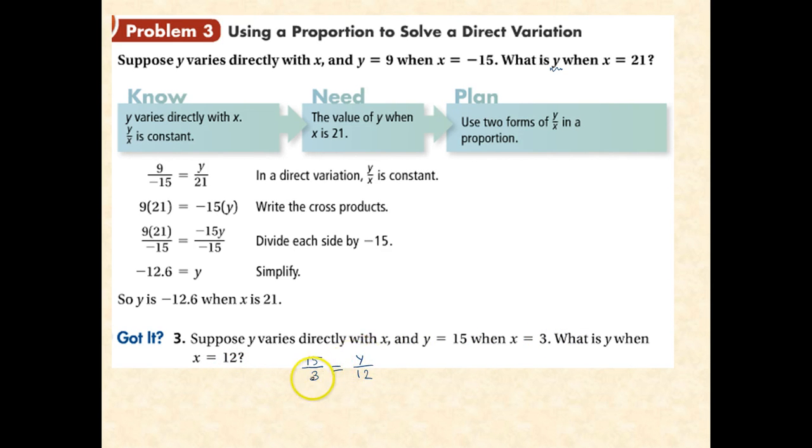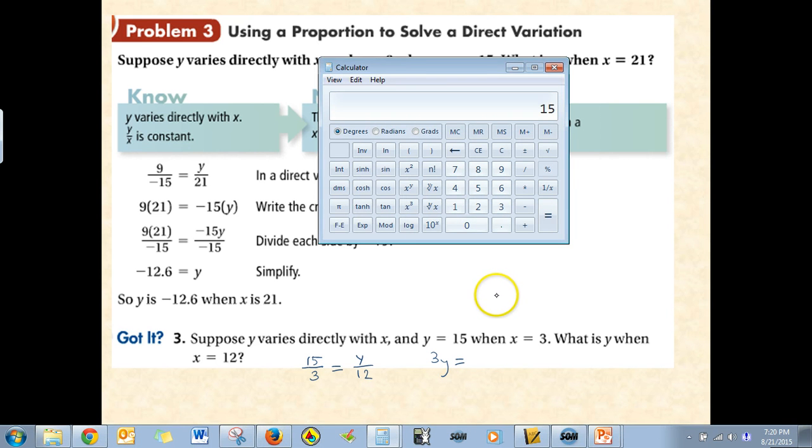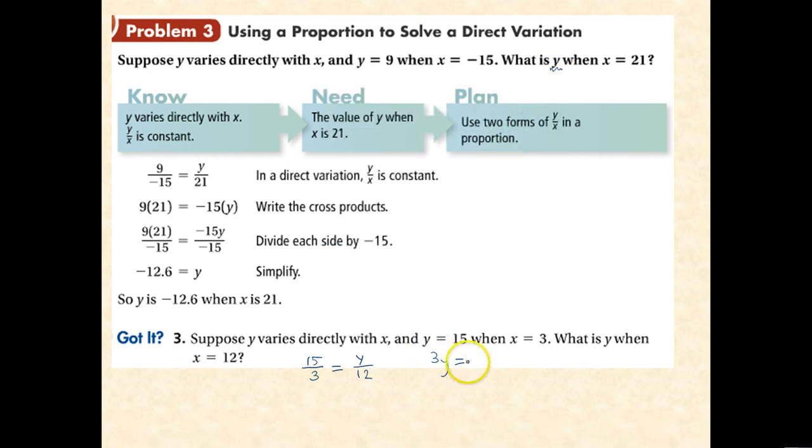So cross multiply, so 3y equals 15 times 12. It's 180. Divide both sides by 3, and we get y equals 60. So y equals 60 when x equals 12.